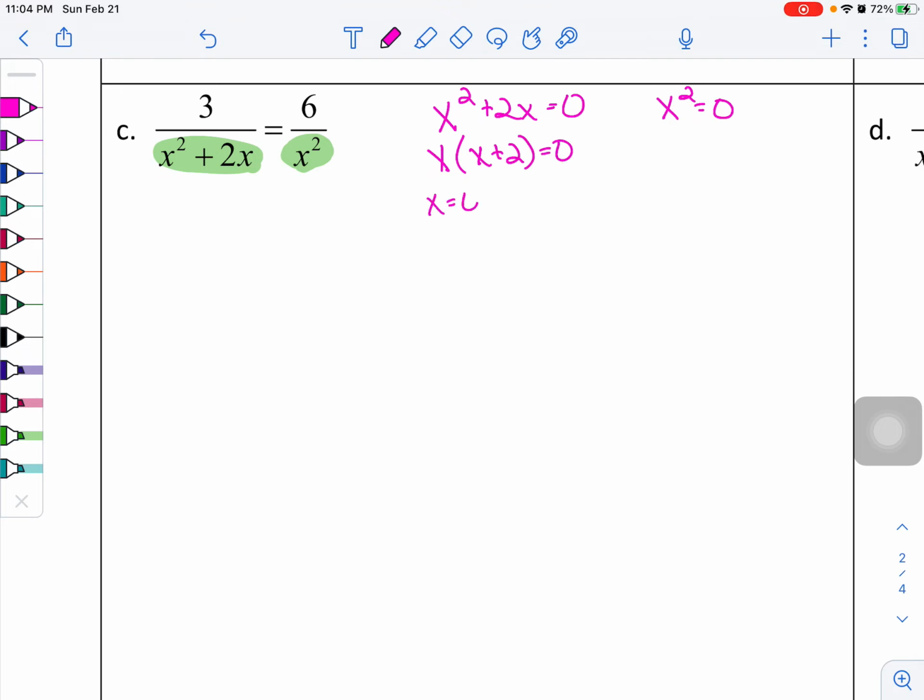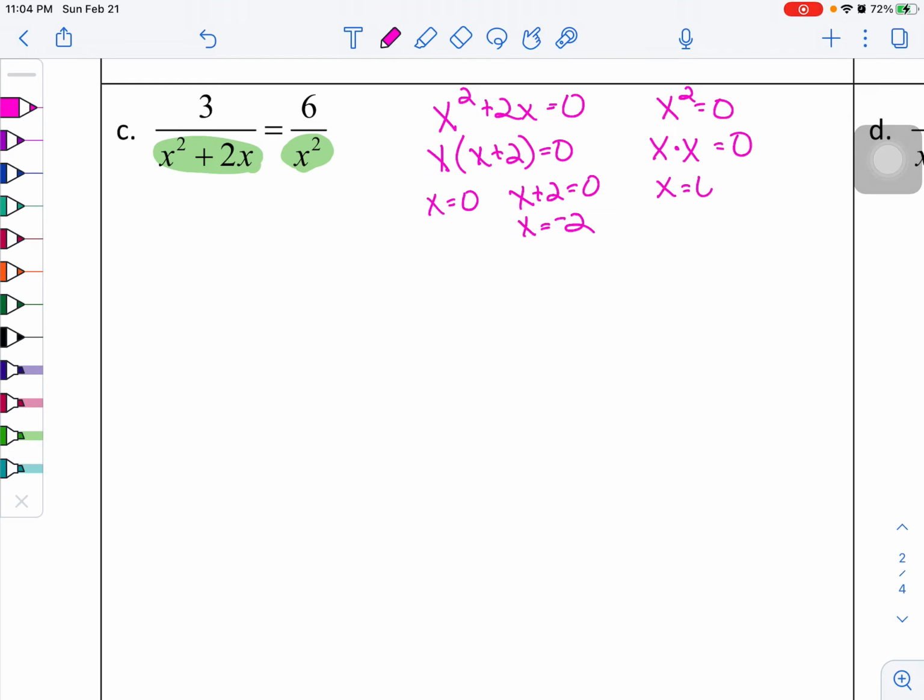Now I'm going to factor the first one, so this is x times x plus 2 equals 0. So each factor is set equal to 0, and I'm going to solve. All right, now x squared equals 0. I still want to factor it partially because I want to see for my LCD what's going to happen here with the factors.